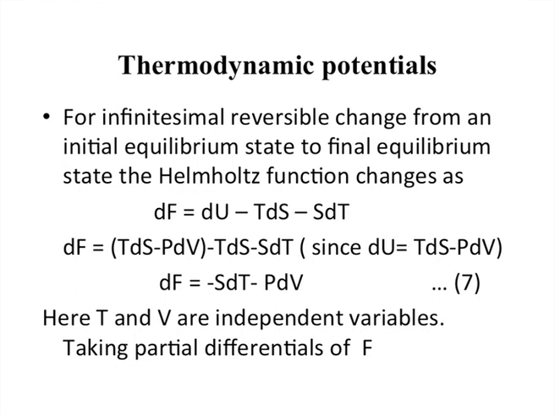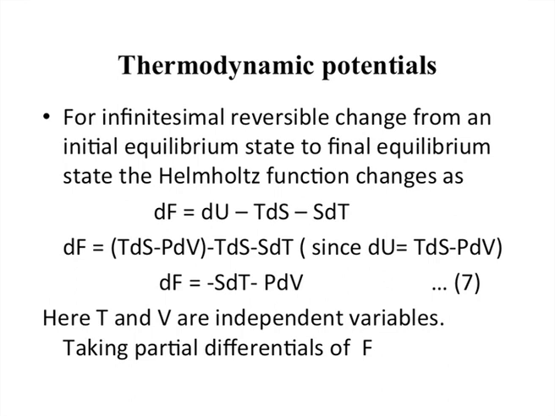In place of dU we can substitute TdS minus PdV, because we have calculated that the change in internal energy dU is equal to TdS minus PdV. So we can write dF as TdS minus PdV minus TdS minus SdT. Therefore, dF is equal to minus SdT minus PdV.